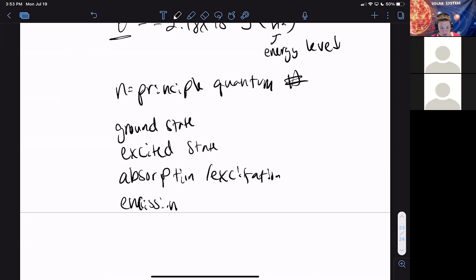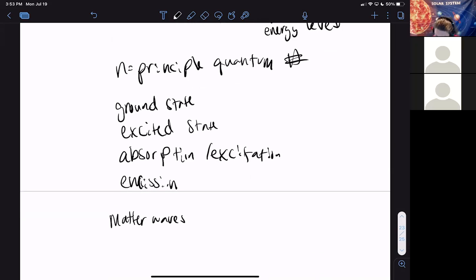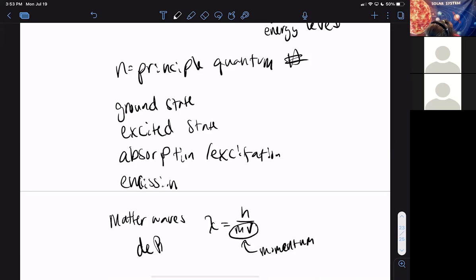You should know matter waves. So the idea that matter has waves and its wavelength is equal to h over mv. So this is mass times velocity, also known as momentum. So you should know matter waves. This is de Broglie, who brought up the idea of matter waves.